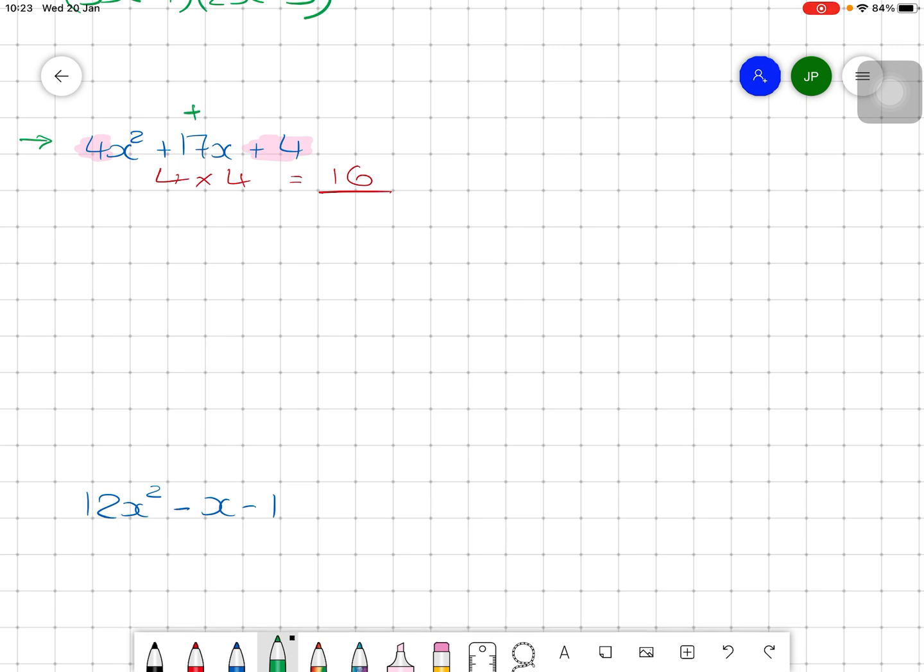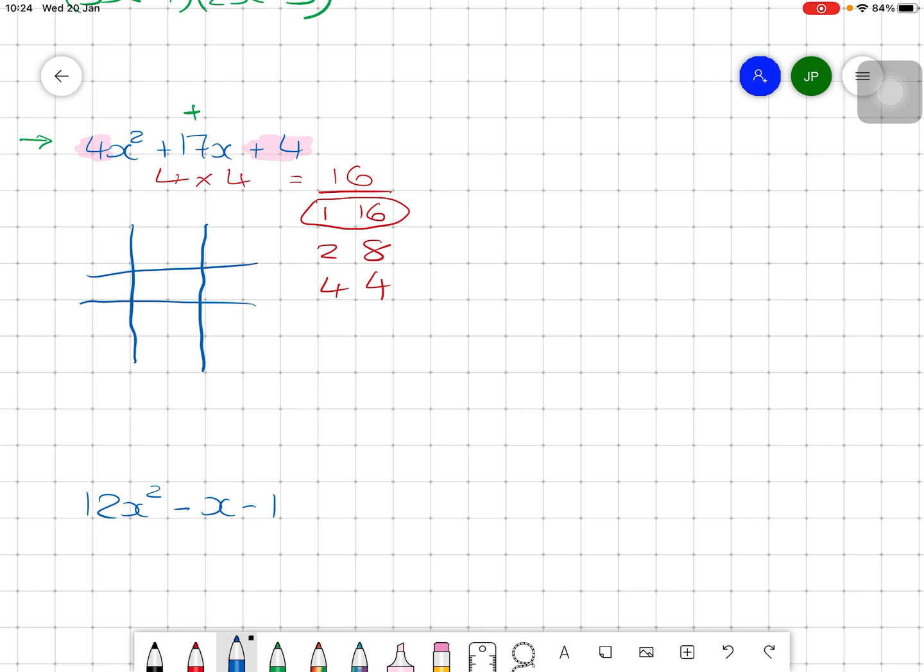I want the ones that add to positive 17 now, so I want positives this time. So I'll have 1 and 16, 2 and 8, and 4 and 4. The ones that add to 17 will be 1 and 16. From there, I go back to my grids again.